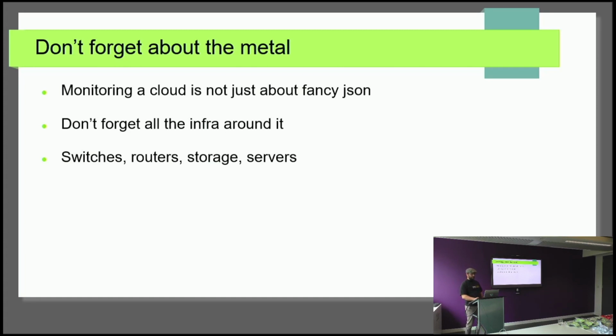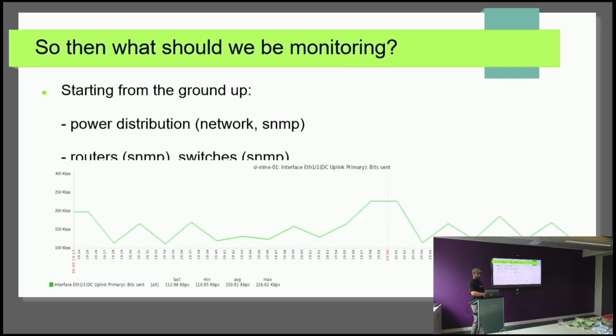holds our cloud together. So what should we be monitoring? Well, starting from the ground up, as I said, if I were to run my own data hall, I would start with the power distribution. Most PDUs can connect to a network and export all sorts of data via SNMP.